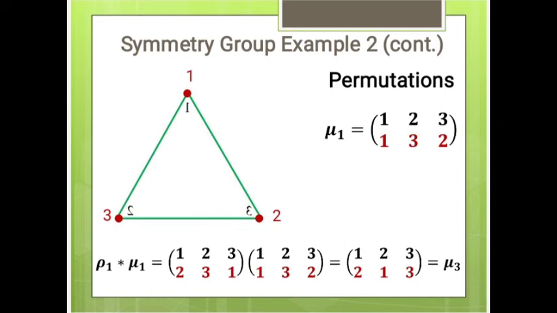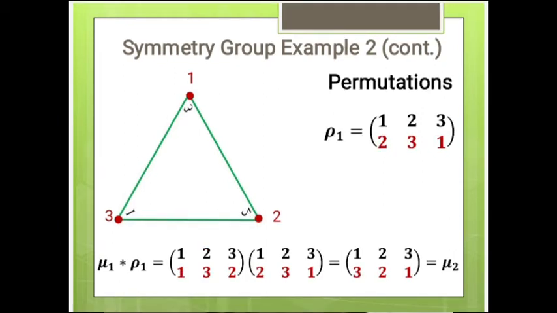Using these figures, we multiplied mu sub 1 with rho sub 1: 1, 2, 3 to 2, 3, 1 times 1, 2, 3 to 1, 3, 2. And the result is 1, 2, 3 to 2, 1, 3. This is mu sub 3.